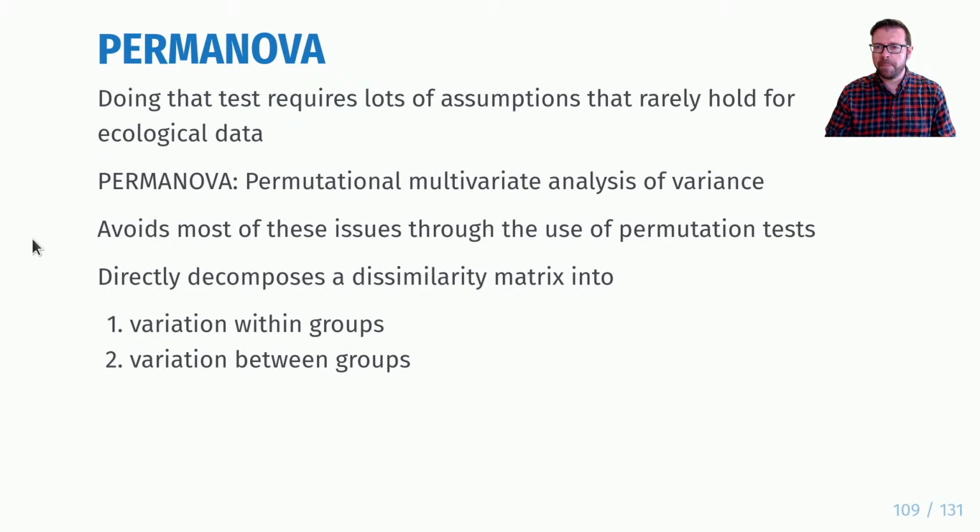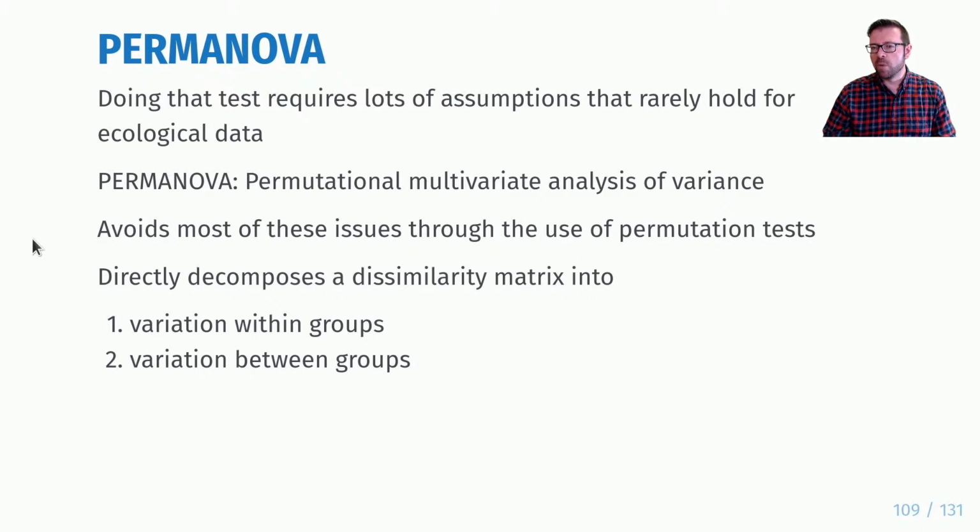The perm bit in PERMANOVA means permutational multivariate analysis of variance. So the idea here is that you could do multivariate analysis of variance, which is essentially just like RDA or something like that, but you can use permutation tests to do the analysis and do the testing. You don't have to rely on the theory.